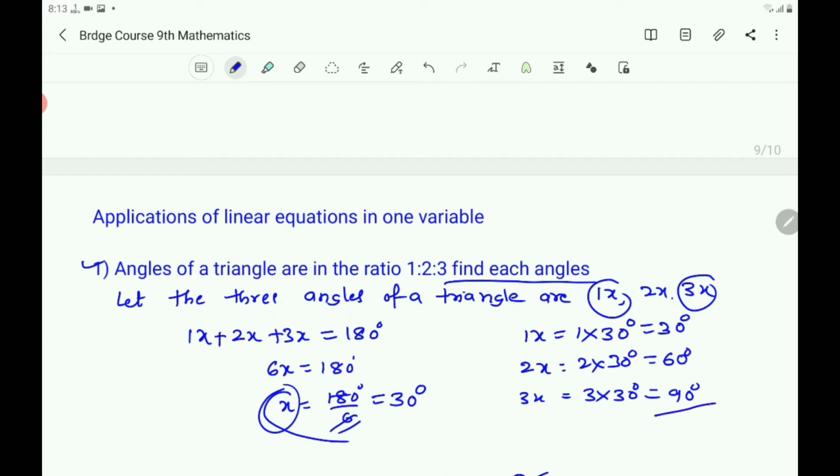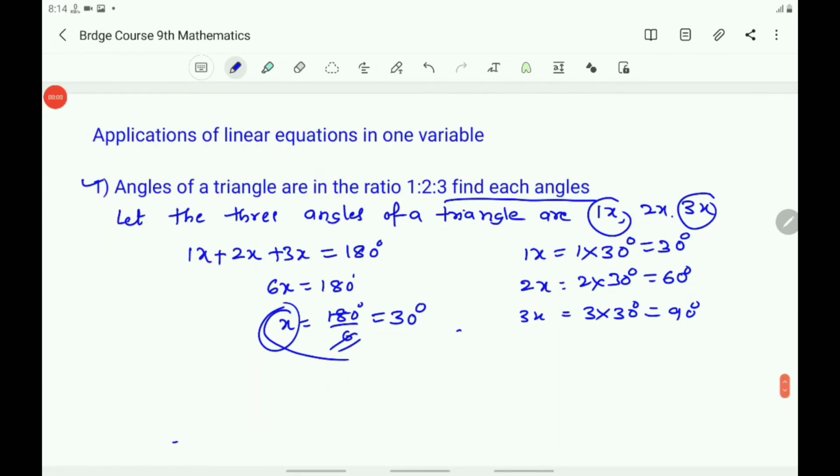If you find their sum, you will get 30 plus 60, 90, 90 plus 90, 180. So you write that. Therefore, three angles are 30 degrees, 60 degrees, 90 degrees.